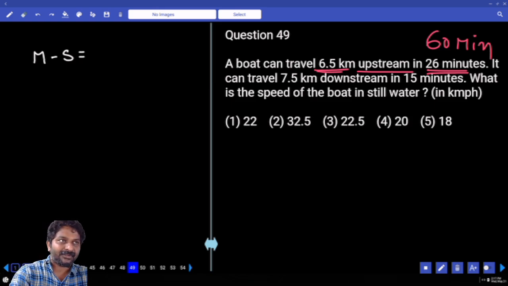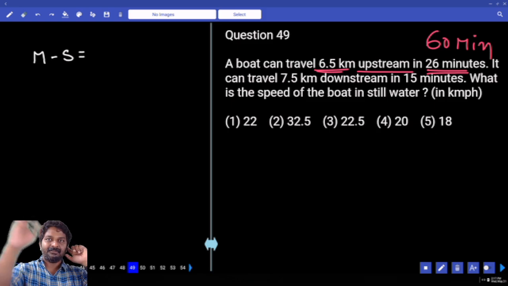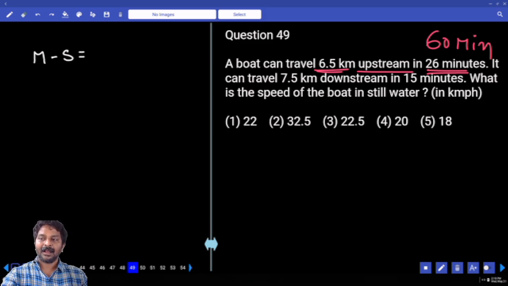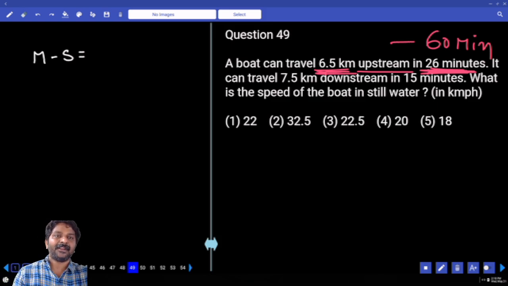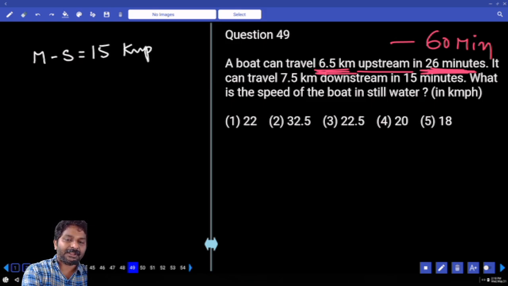Identify the relation between 26 and 6.5, which is half. For 60 minutes, again half and half. Without a formula we can say 15 kilometers per hour.